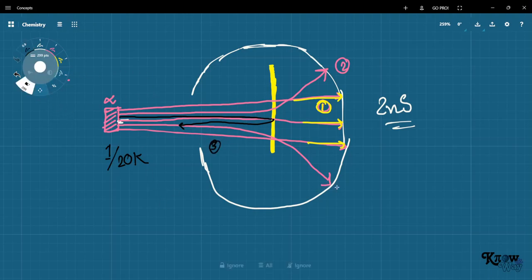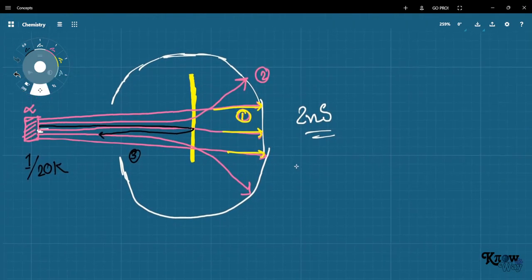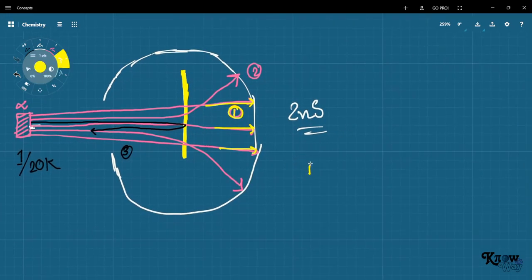What were his conclusions based on the phenomena? From the first phenomenon, he concluded that as the alpha particle is not hitting anything and is going straight into the zinc sulfide screen, there is nothing present there. There is no positive charge and no negative charge there. The alpha particle goes straight without getting deviated.